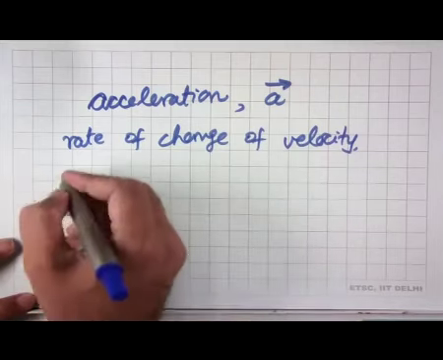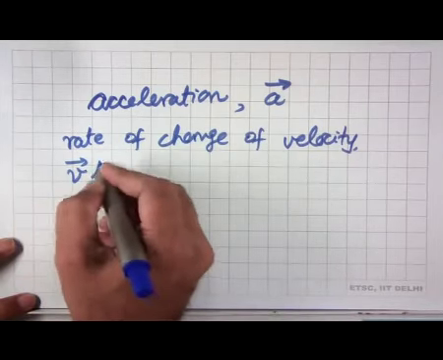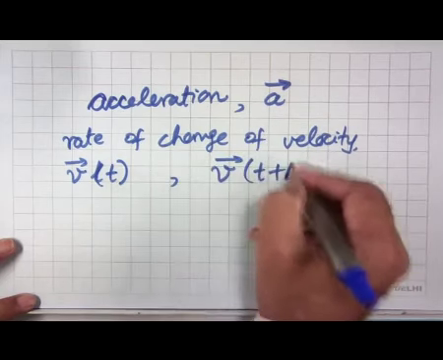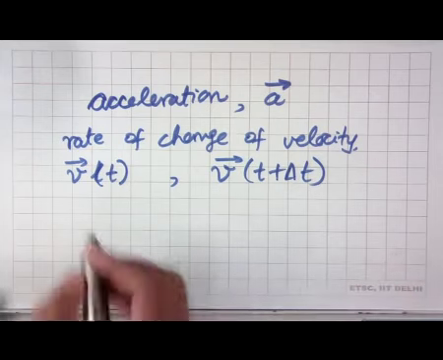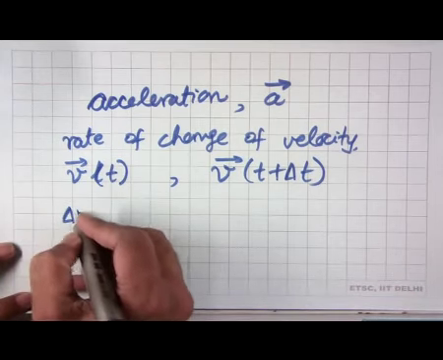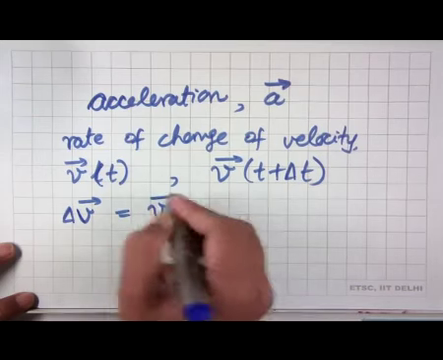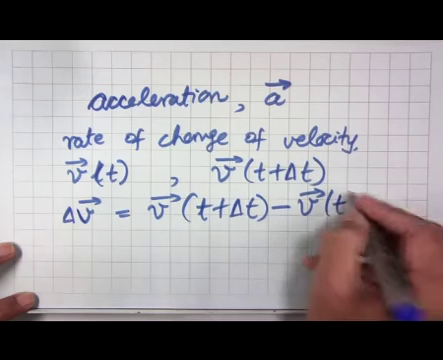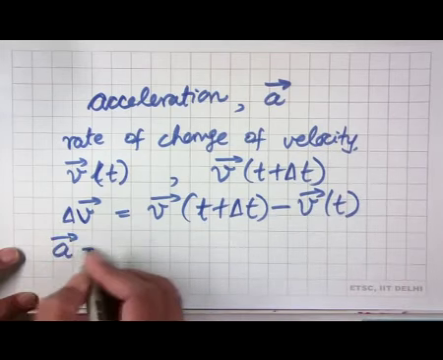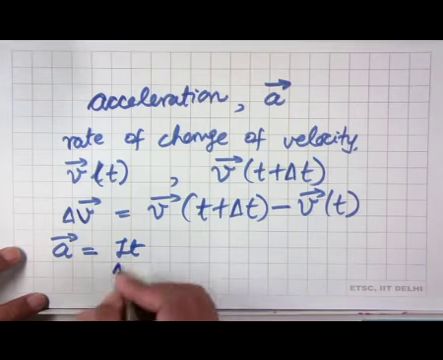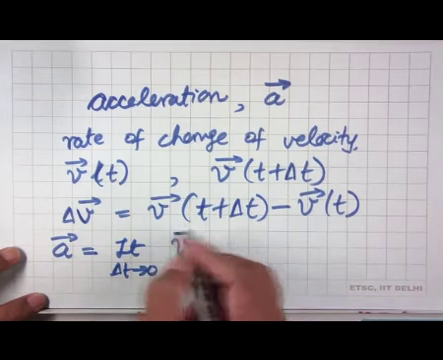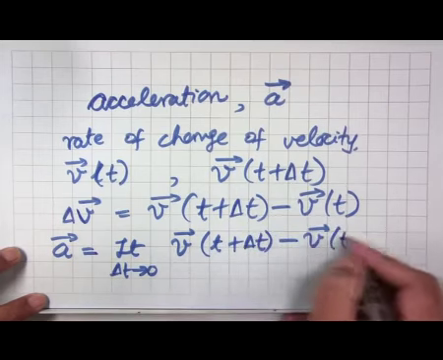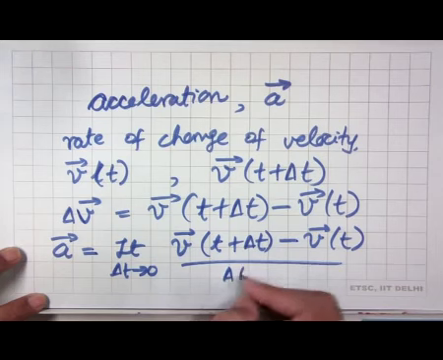So, if the velocity at time t is v at t and velocity at time t plus delta t is v at t plus delta t, then we can write delta v as equal to v at t plus delta t minus the vector v at t, and acceleration will be given by limit delta t going to 0, v at t plus delta t minus v at t divided by delta t.